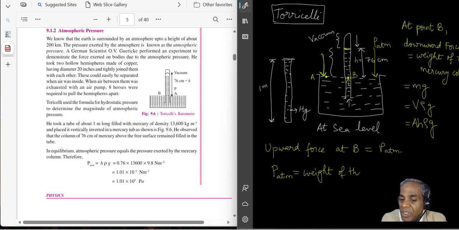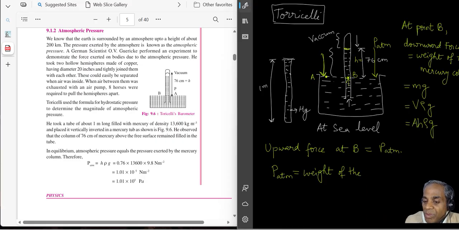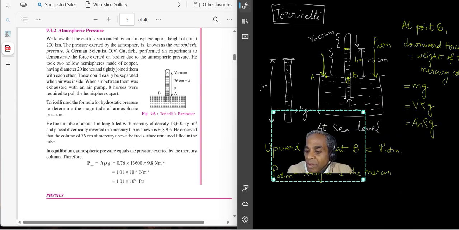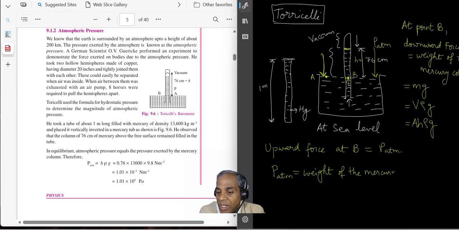Weight of the mercury column. I just moved my picture image to this side for clarity.